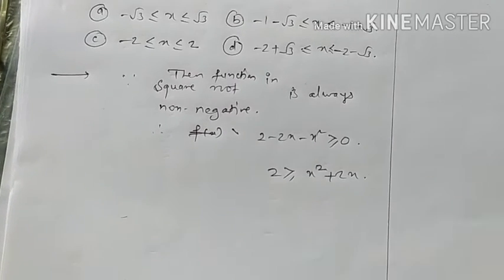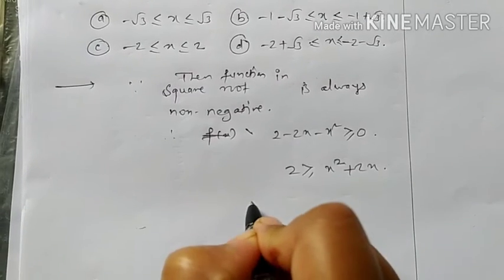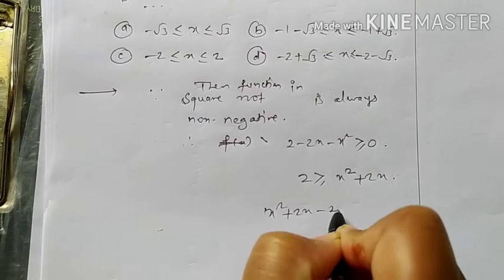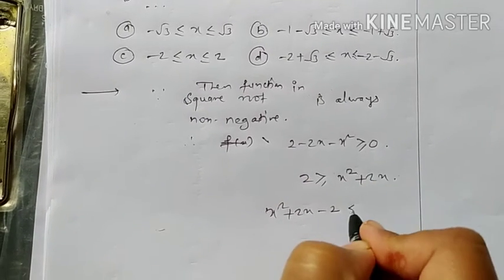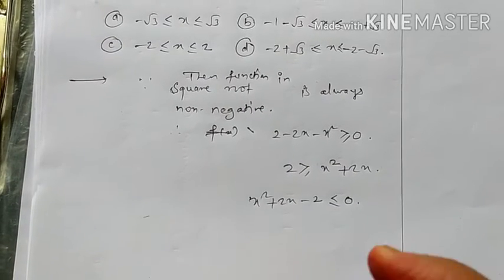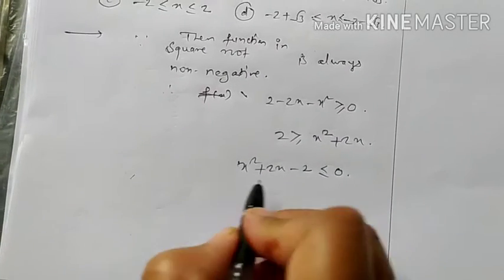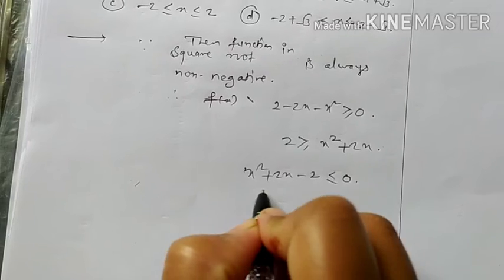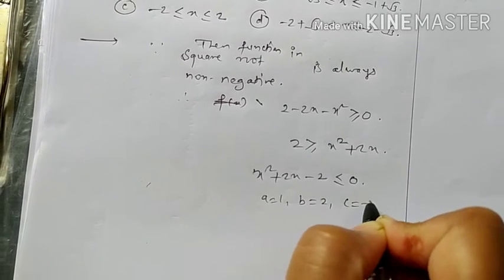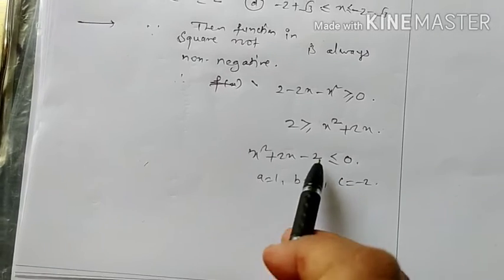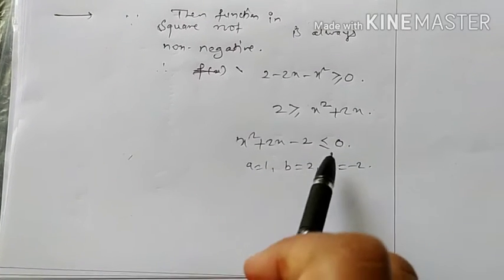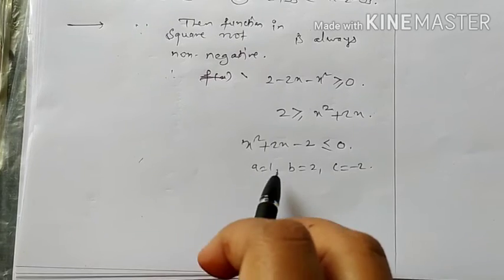Getting? So this can be written as x square plus 2x minus 2 is less equal to 0. Getting? Suppose here a equals 1, b equals 2 and c equals minus 2. So this equation is less than or equal to 0, so we'll try to find its roots.